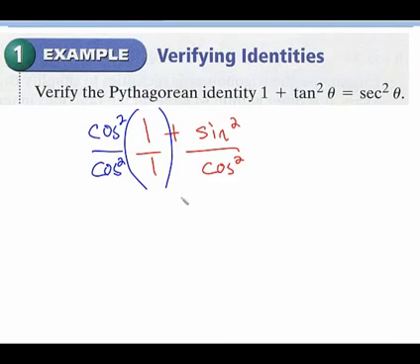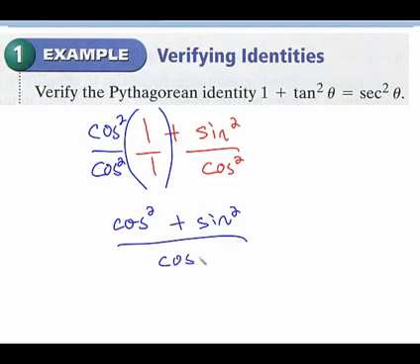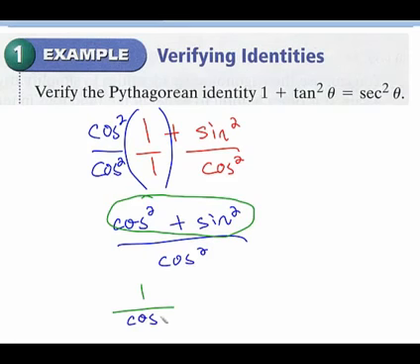So you end up with cosine squared plus sine squared over cosine squared. Here's where you need to recognize that cosine squared plus sine squared, from our Pythagorean identities, is really just 1, over cosine squared.